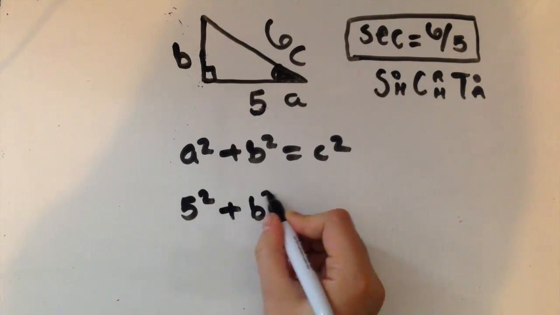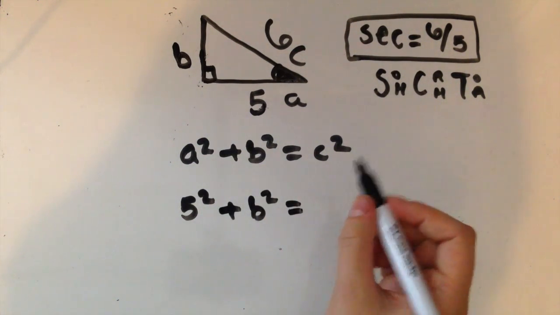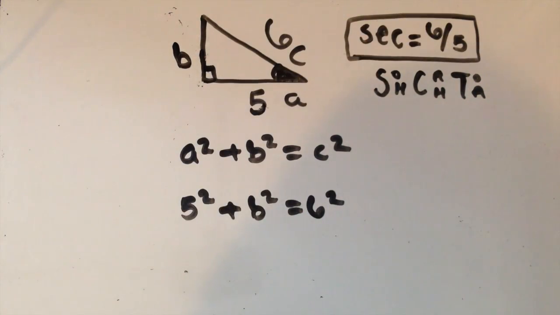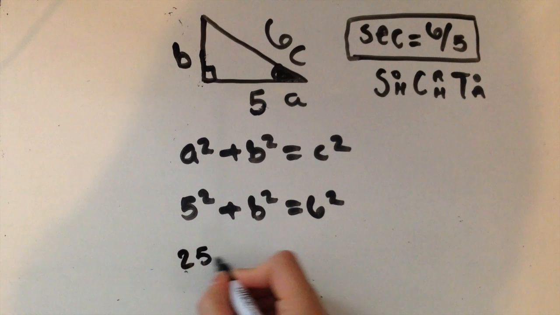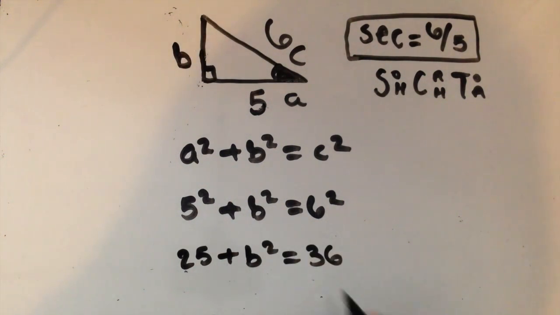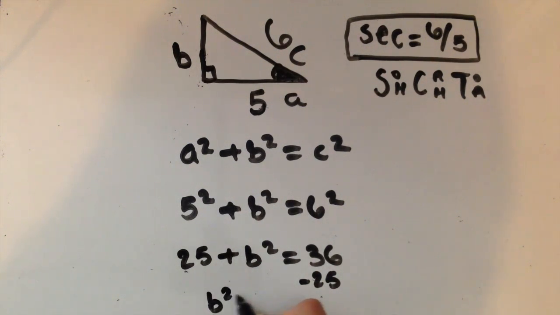We don't know what b is, so we'll leave it as b squared. And c is 6, so we have 6 squared. Then we can turn that into 25 plus b squared equals 36. And then we can subtract 25, and what we are left with is b squared equals 11.